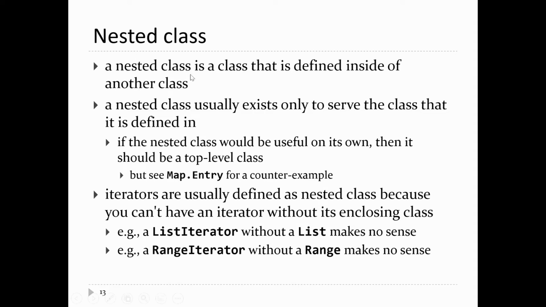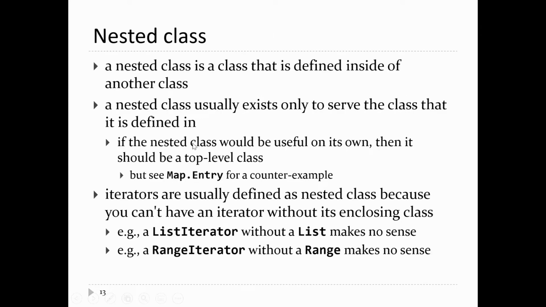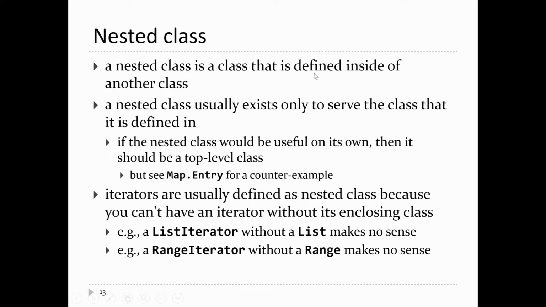So a nested class is a class that's defined inside of another class. RangeIterator is defined inside the range class. It's a nested class. Now, what's the purpose of a nested class? The purpose of a nested class is you want to make a class, and its only purpose is that it's serving the class that it's in for some purpose.